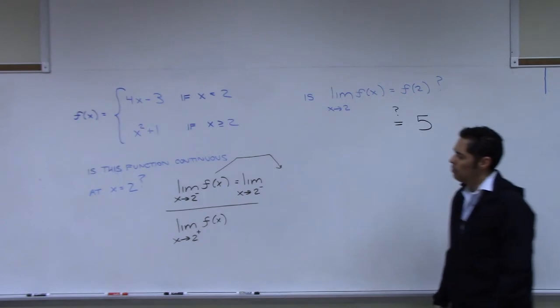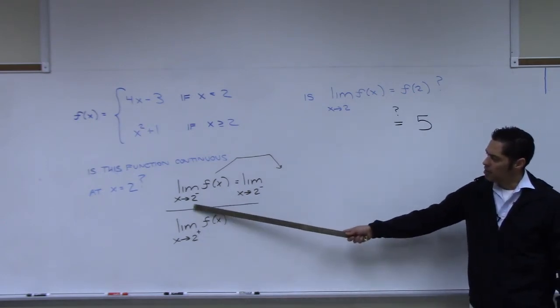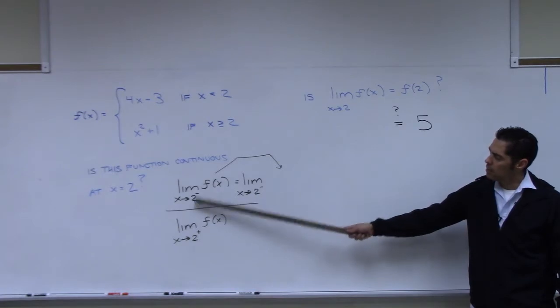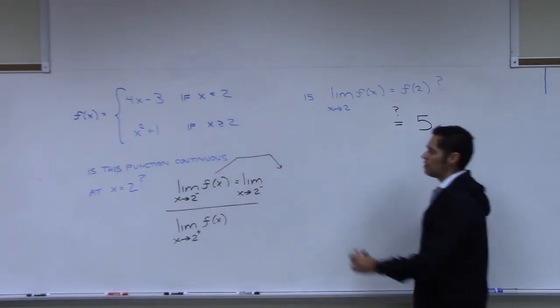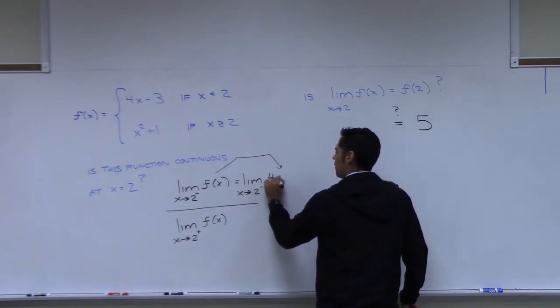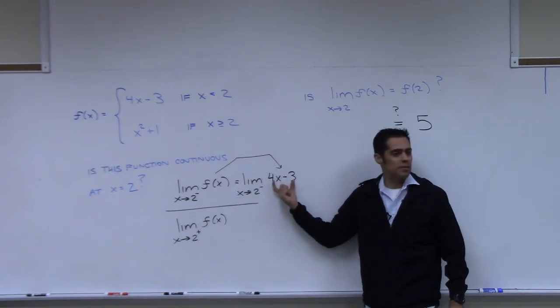So what am I going to replace f of x with when I am approaching 2 from the left? The top one. And what's that going to be? 4x minus 3, right? I plug that in here. Are there any questions on why I'm doing this piece? Everyone's clear on that? Okay.